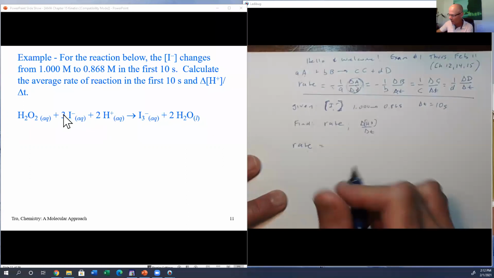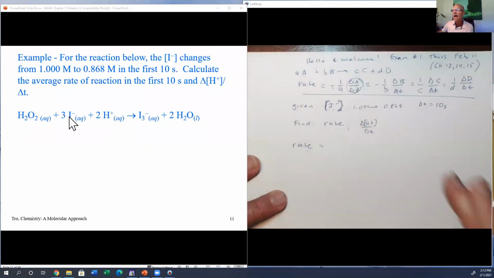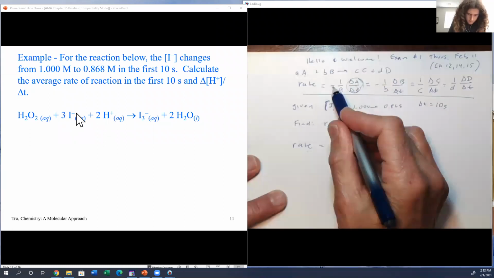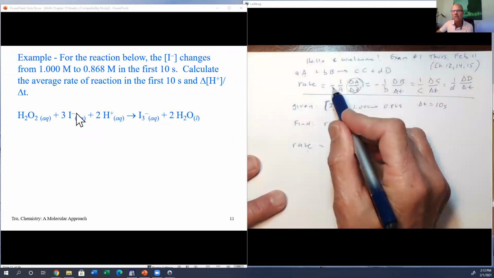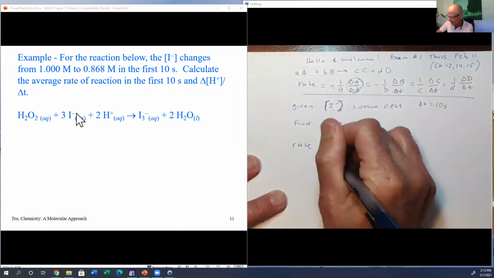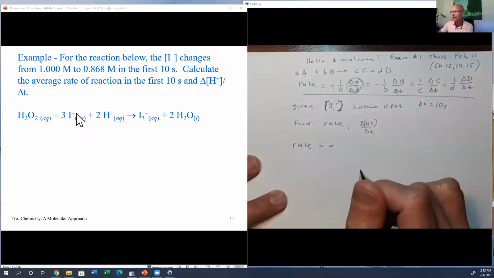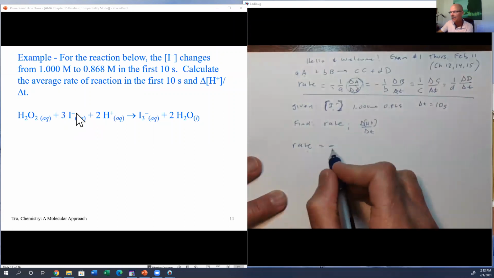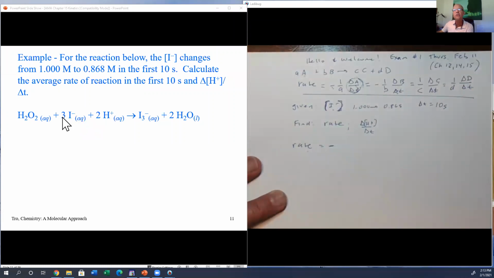So first of all, when I write the definition, is I minus a reactant or a product? Reactant. So is it going to have a negative sign in front of it or not? Yes, it will, because it's a reactant. So rate is equal to minus, and then I notice a coefficient of 3, right? So what do I have to do?